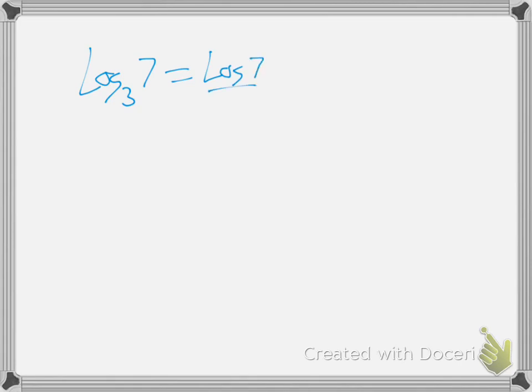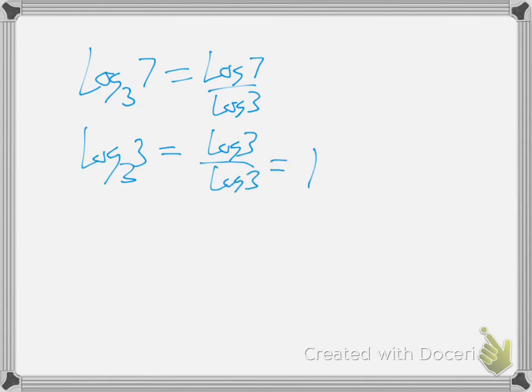The top one goes top, the bottom one goes bottom, and whatever your calculator says. Okay, stay with me for a second. So what if I did log base 3 of 3? What if they were the same? Again, the top one goes top, the bottom one goes bottom, and what is that? 1. You see when they match? If this is b and b, then this is log b over log b. It's got to be 1, doesn't it? Based on what we learned Monday.